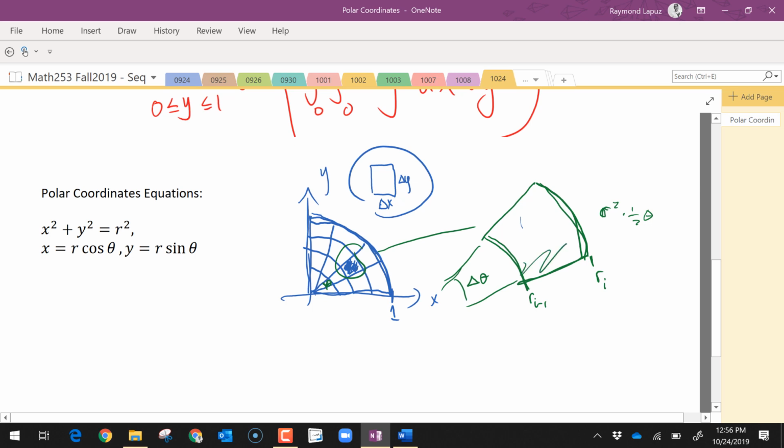To find this area over here, it's going to be more like r sub i squared minus r sub i minus 1 squared. Is it more like that?